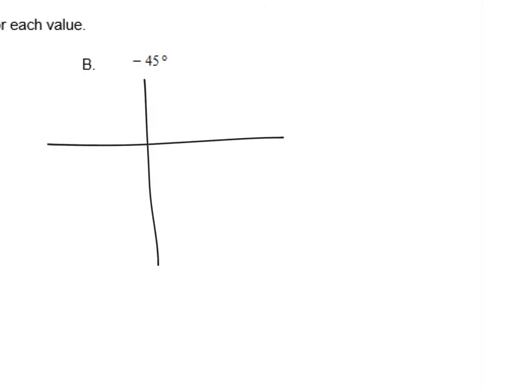Alright, so negative 45 degrees is going to go down 45 degrees. That is going to be exactly halfway. So I'm going to connect to the x-axis. It has a 45-degree reference angle. So if we remember how to label our 45-degree triangles, your 2 sides are 1 and 1, and your hypotenuse is square root of 2.